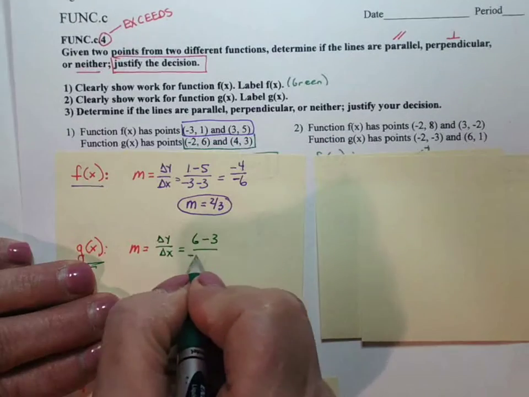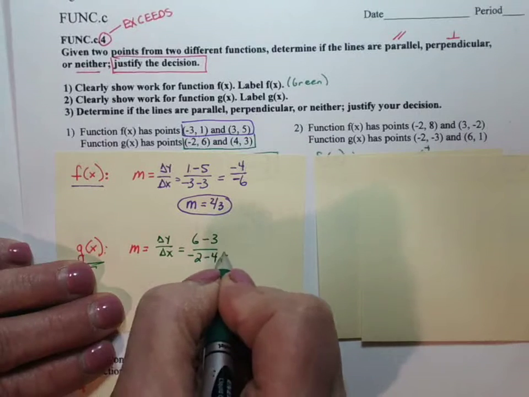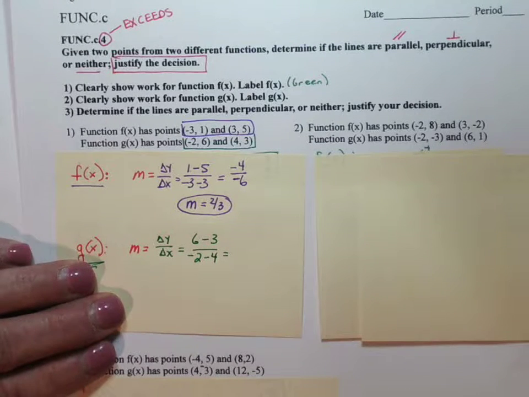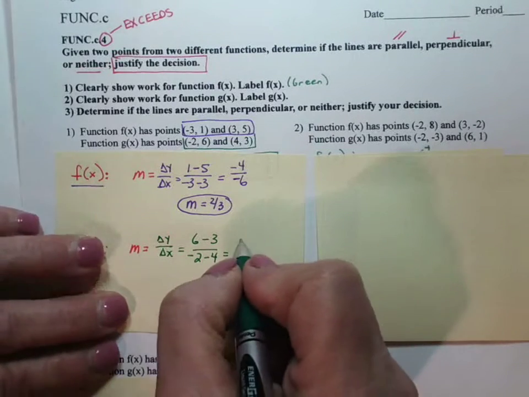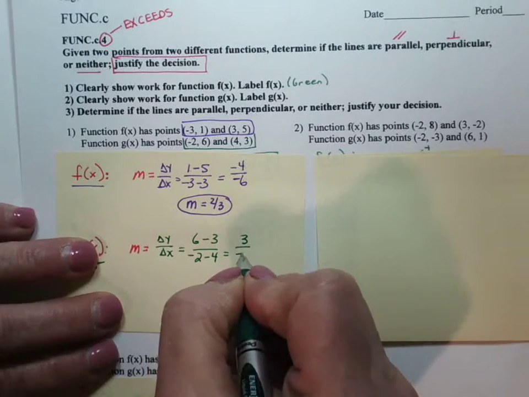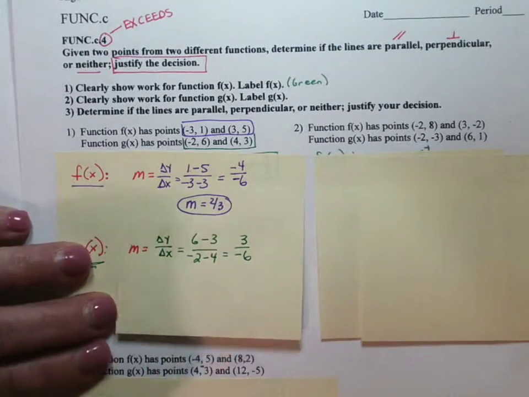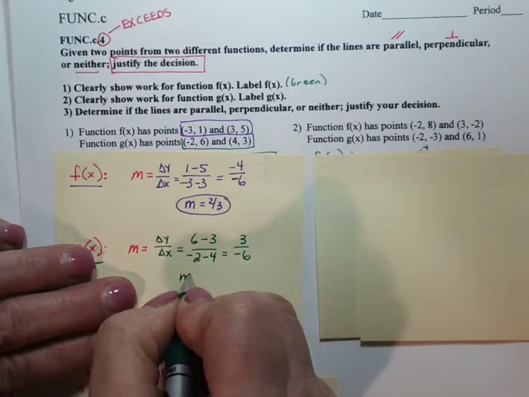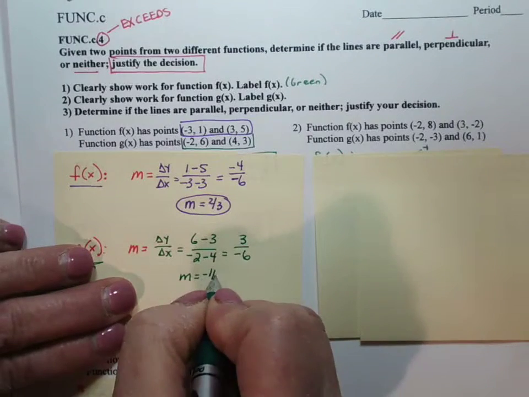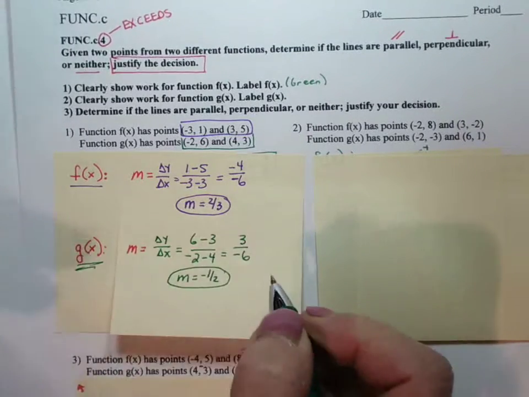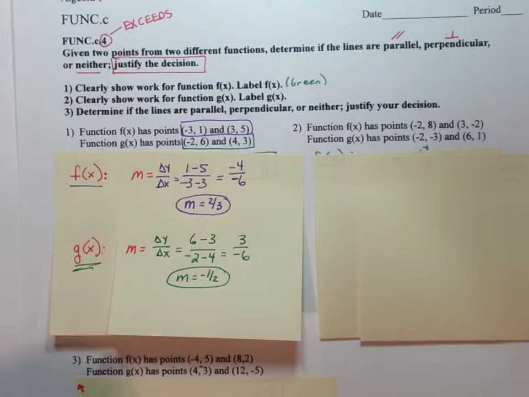The x's negative 2 minus 4. And here I'm going to get 3 over negative 6. So my slope reduced is negative 1/2.